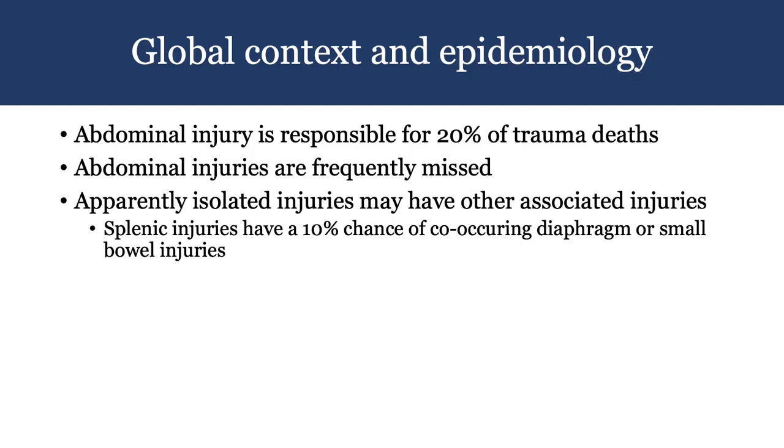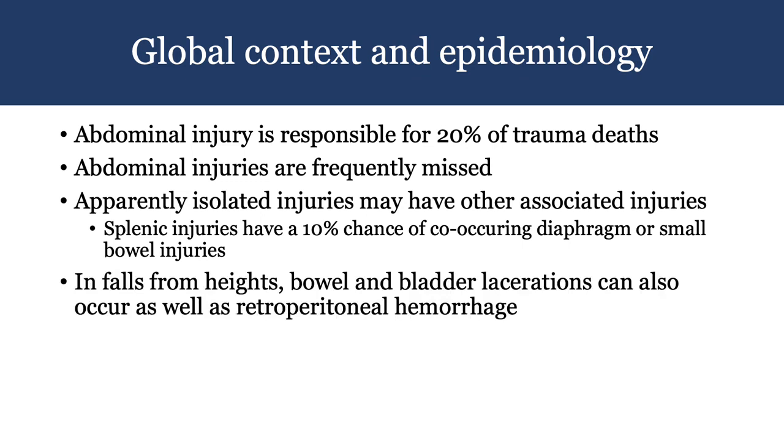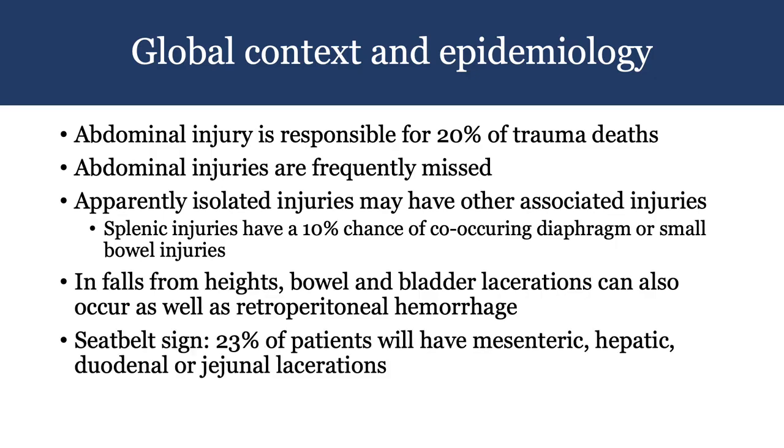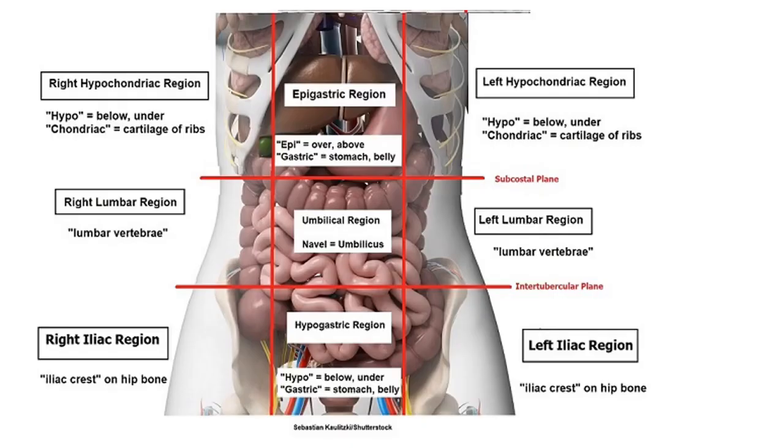For example, splenic injuries have a 10% chance of concurrent diaphragmatic injuries or small bowel injuries, and in the event that there's a fall from a height, bowel and bladder lacerations can also occur, as well as bleeding in the retroperitoneum. In situations where there's a seatbelt sign, 23% of patients usually will have tears in the mesentery or the liver or the duodenum or even the jejunum.